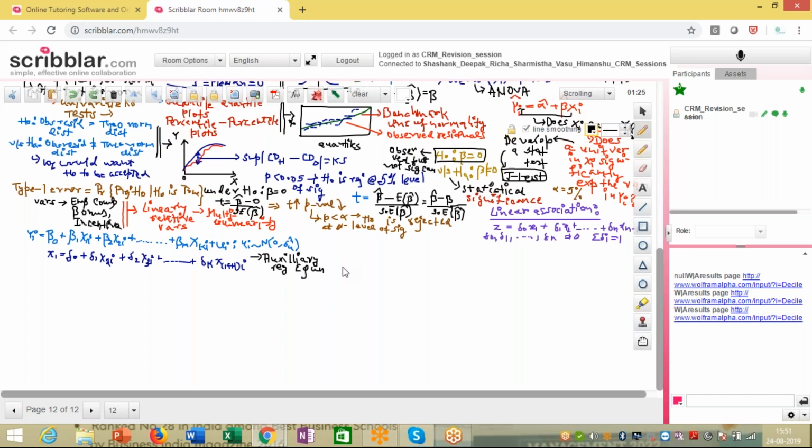Every time you have a variable, you do this, and from there you can estimate your coefficients. Now, the greater these coefficients are, the more it means that a more significant proportion of the overall variation in x1 is being explained by the other variables.